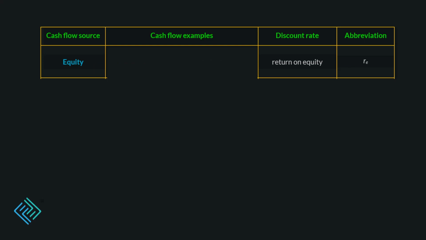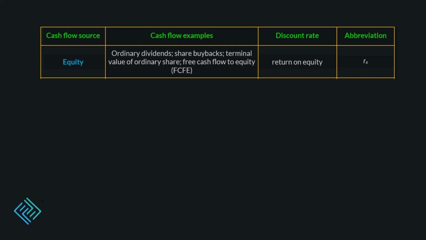For example, dividends are not the only cash flows related to equity instruments. You could also have share buybacks. You could also have on your timeline the terminal value of an ordinary share at the end of your investment horizon, or you could have free cash flow to equity.